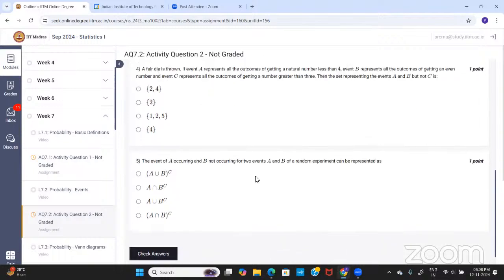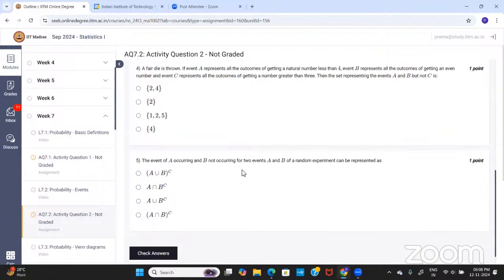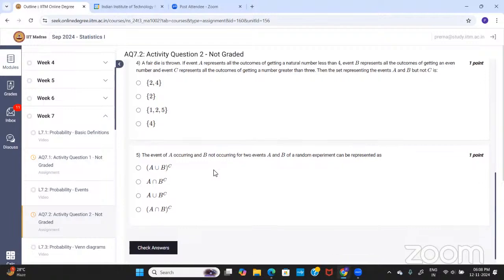Ma'am, question number 5 says that B is not occurring, right? So which is like the complement. It is the complement with respect to the overall set called the sample space, right? So here it is the event of A occurring and B not occurring, and there is an 'and' between these two.